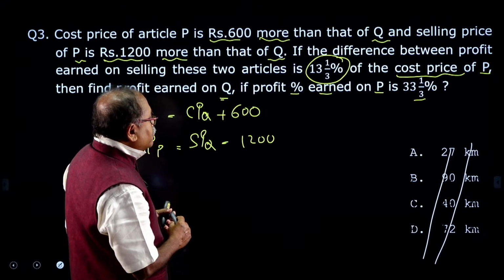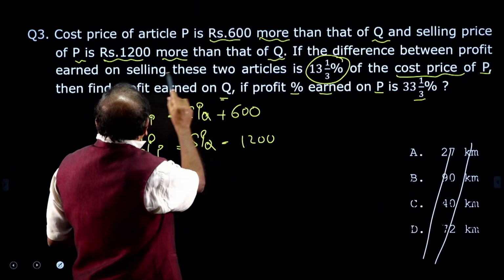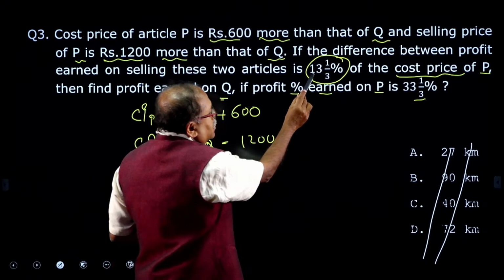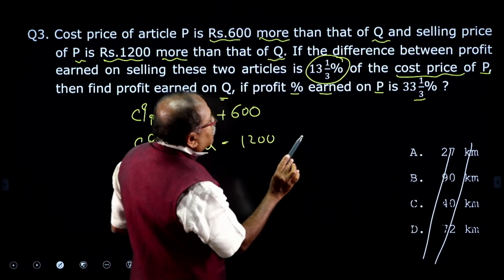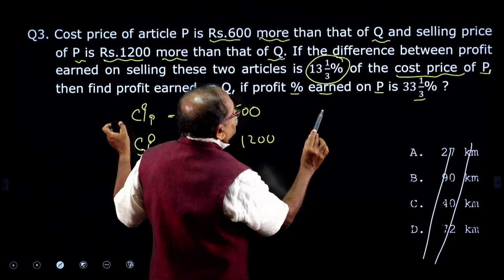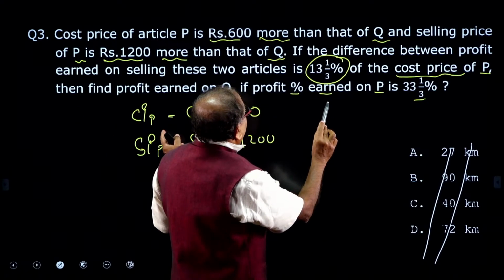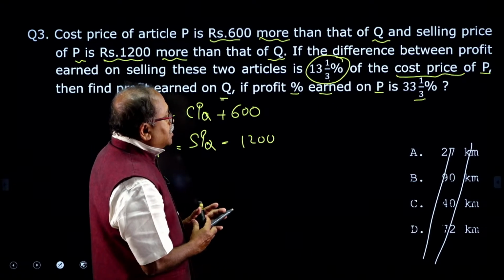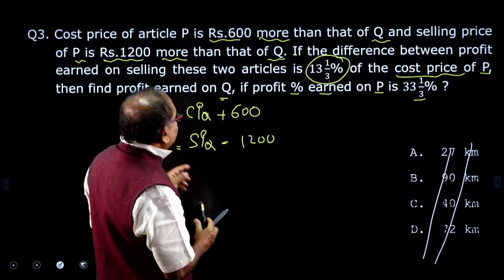So, what can I do the next one? If the difference between the profit on selling these two articles is 13 1/3% of the cost price of P, that is given to us.